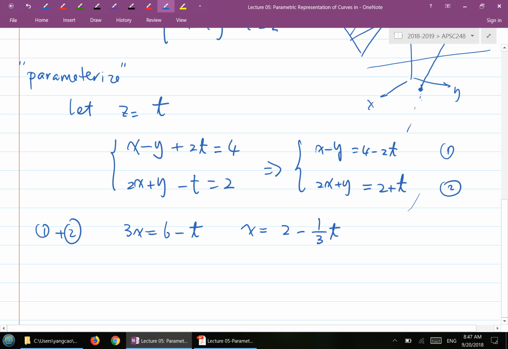And I'll substitute the x back into equation 1 or equation 2 to solve for y. So naturally you'll be able to solve for y. You get y equals -2 plus 5/3 t.